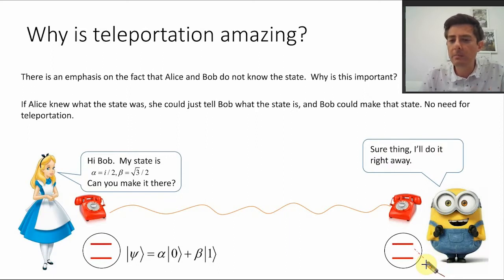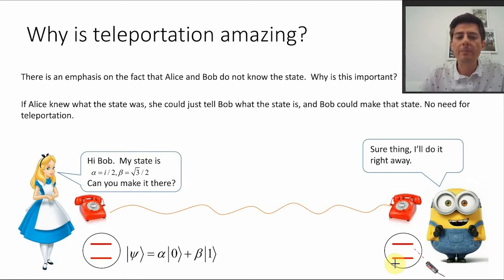Okay, and then basically, you know, not really teleportation, but the aim of making this state over at Bob's side is kind of achieved. So you don't need any fancy teleportation protocol to make the state if you know what it is, right?